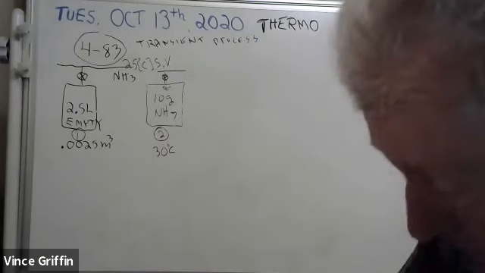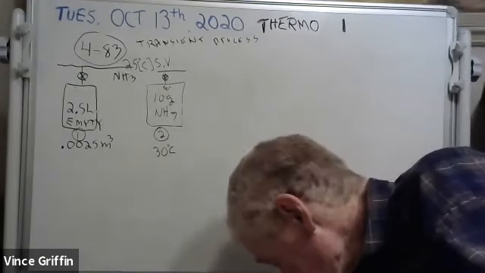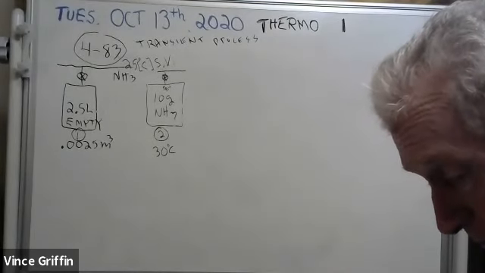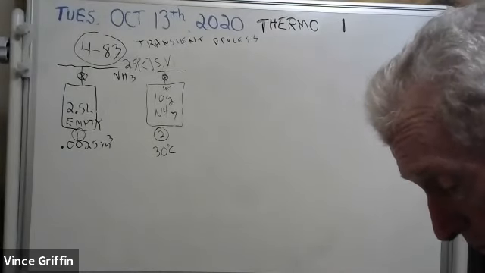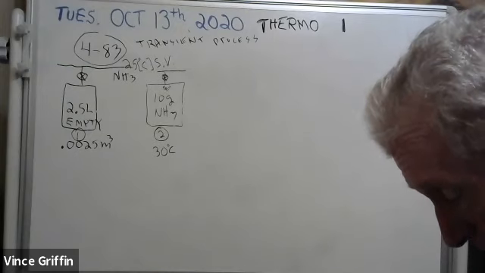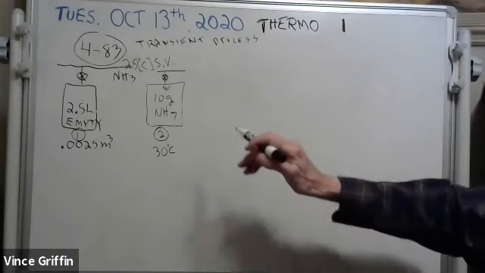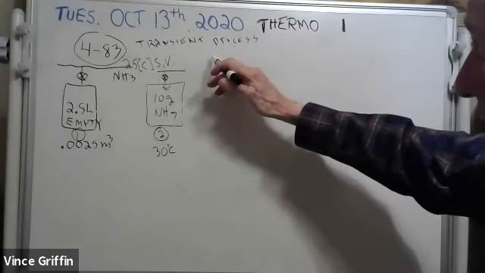But we need to draw our PV diagram. So let me draw that. Okay, we got ammonia now.